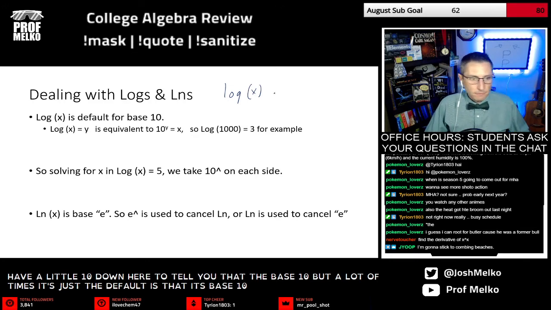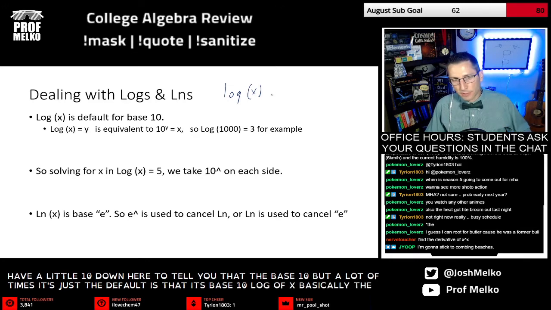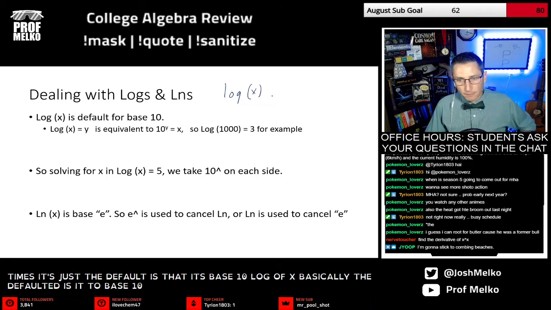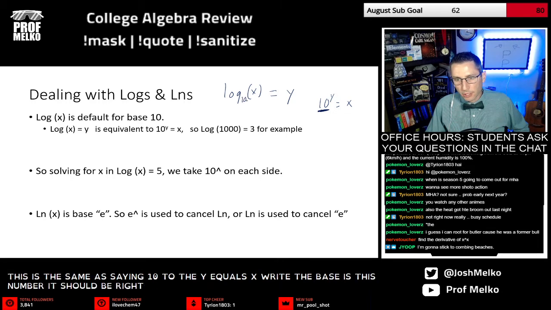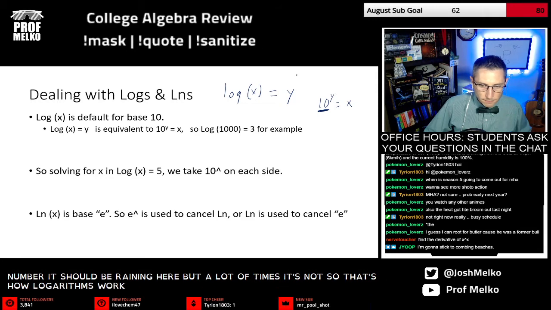Which means if I have log of x is y, this is the same as saying 10 to the y equals x. The base is this number. It should be written here, but a lot of times it's not. So that's how logarithms work.